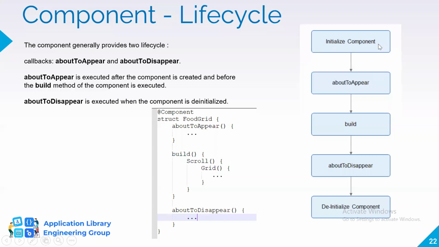Whenever any component is initialized, these are the two lifecycle functions which will be called. aboutToAppear will be called before the build function, whenever the component initialization is completed. And whenever a component deinitialization happens, aboutToDisappear will be called. So based on your requirement, you can make use of these lifecycle functions.